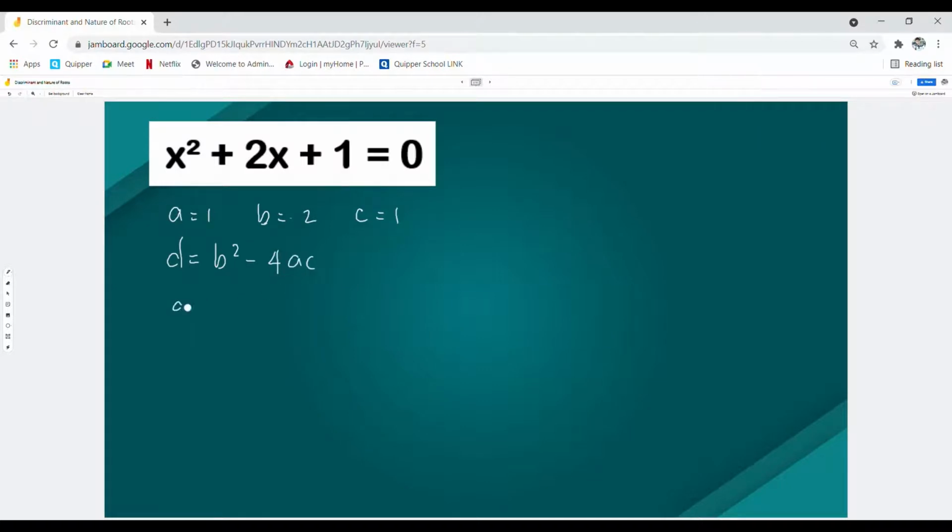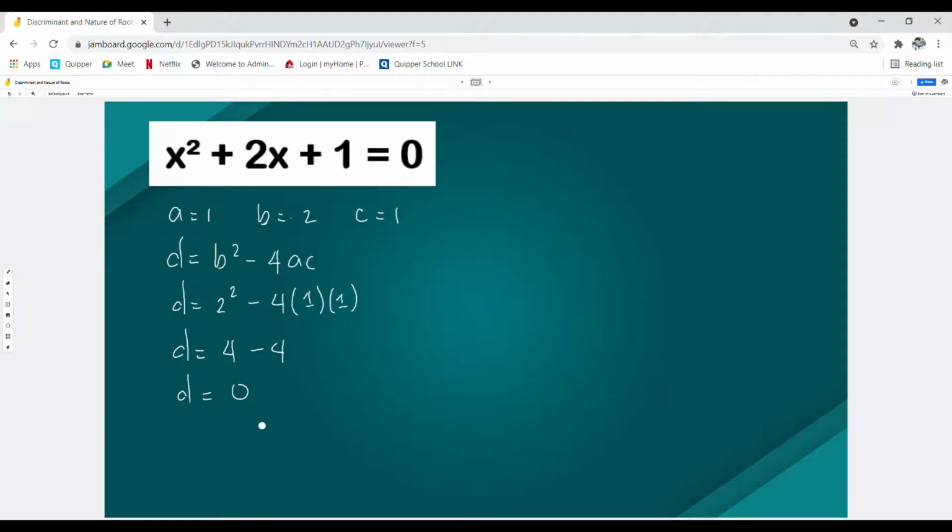Substitute the value of b, which is 2, so 2 squared minus 4 times a, which is 1, times c, which is also 1. So 2 squared is actually 4. 4 times 1 times 1 is also 4. So D is 4 minus 4, therefore it's a 0.